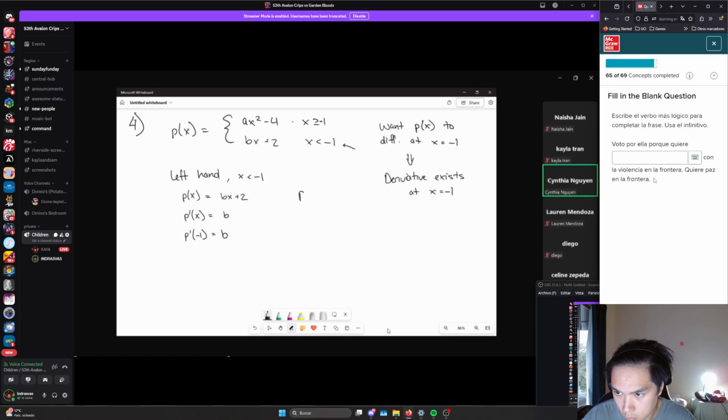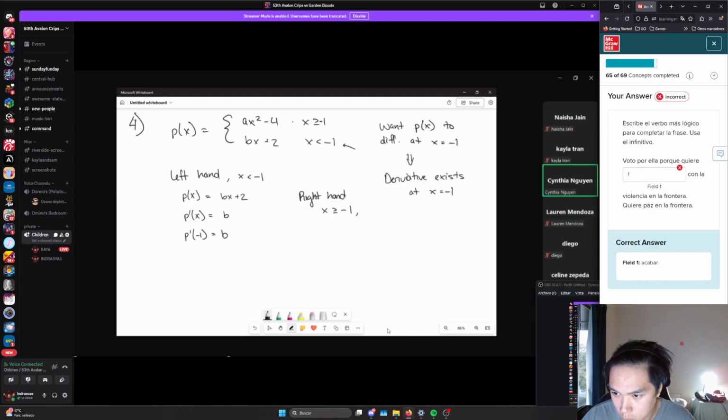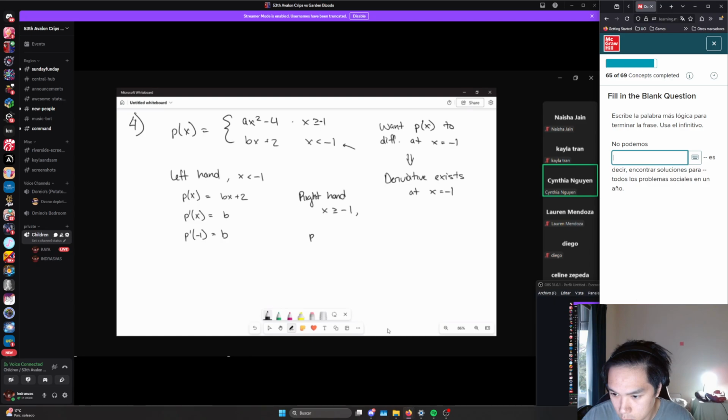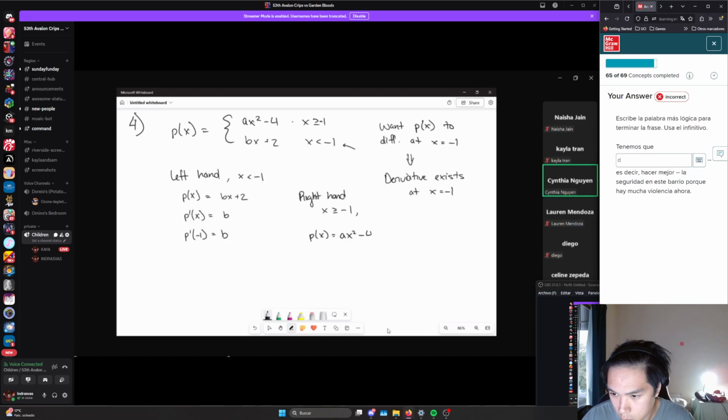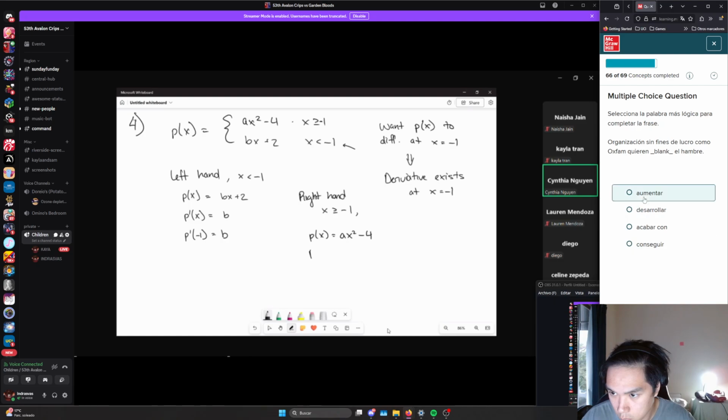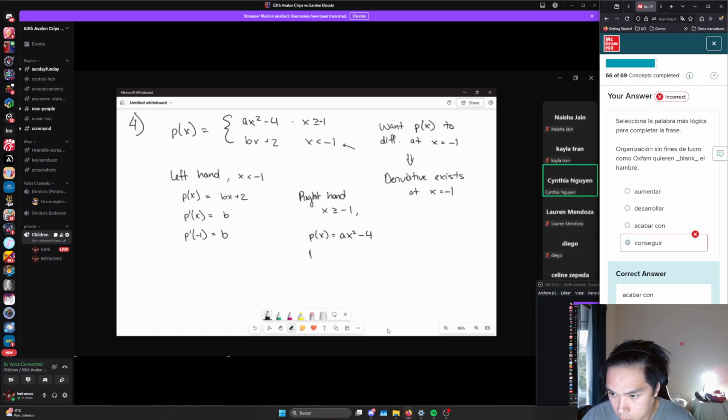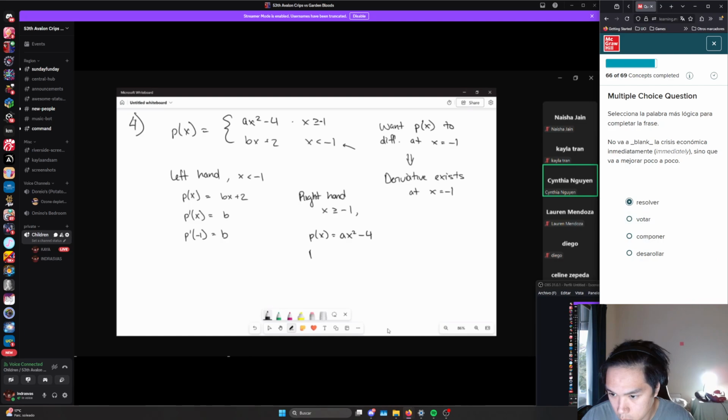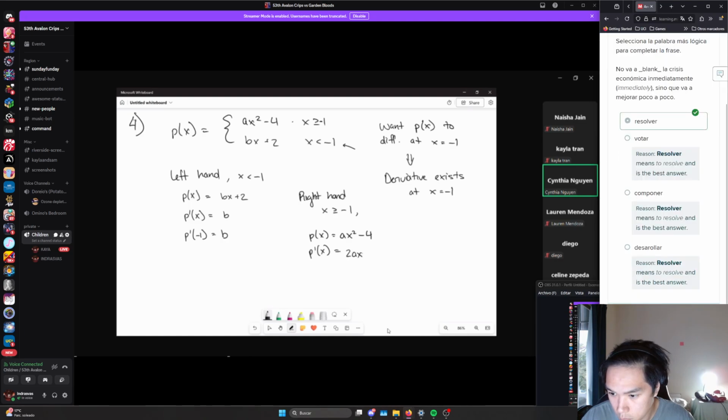So on your right hand, to the right of -1, this is when x is greater than or equal to -1, your p of x equals ax squared minus 4. Take the derivative of it, you get 2ax.